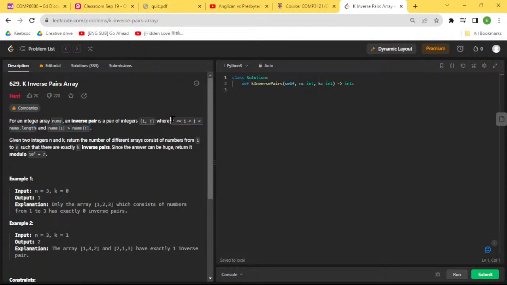Zero less than or equal to i less than j. Return it modulo.